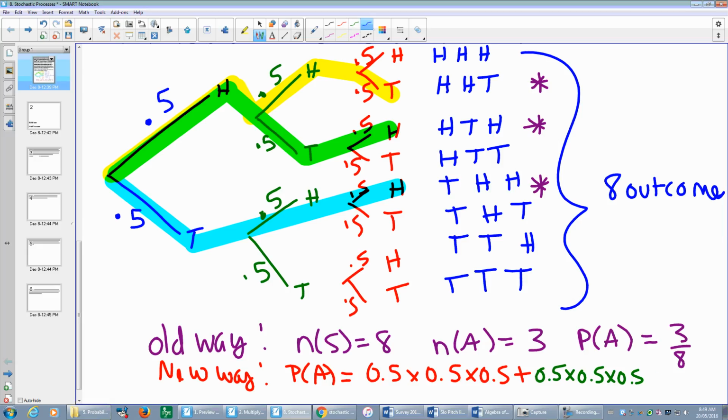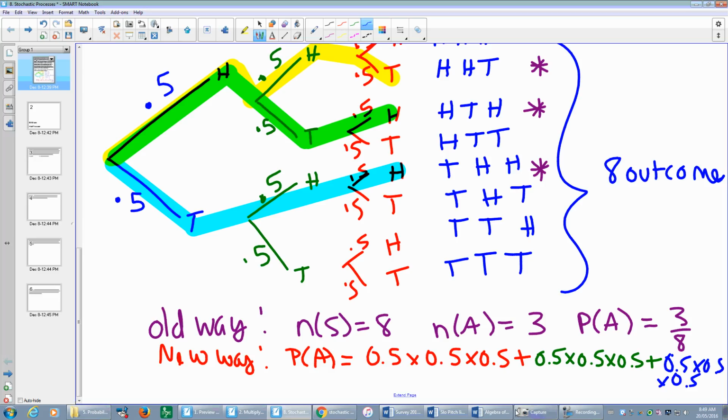So I'm going to add that with 0.5 times 0.5 times 0.5. Now, if you multiply all of this together and add, you will get 0.375, which is 3/8. Two different ways to get the exact same answer.